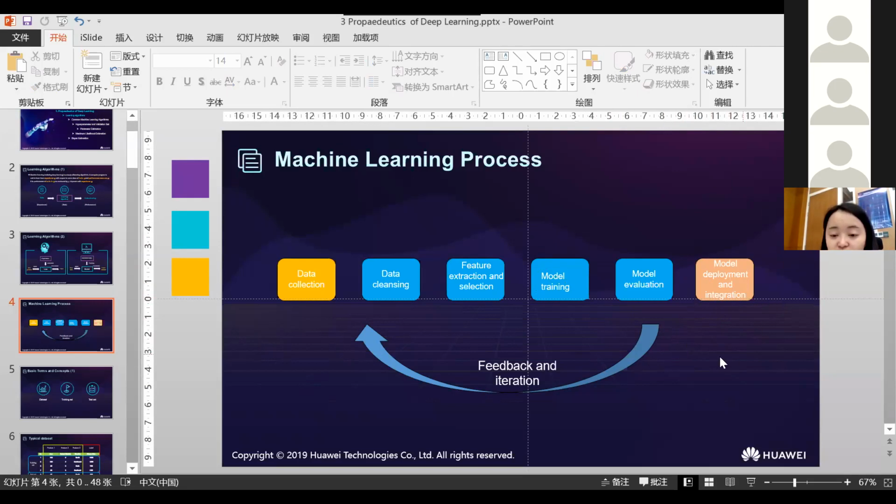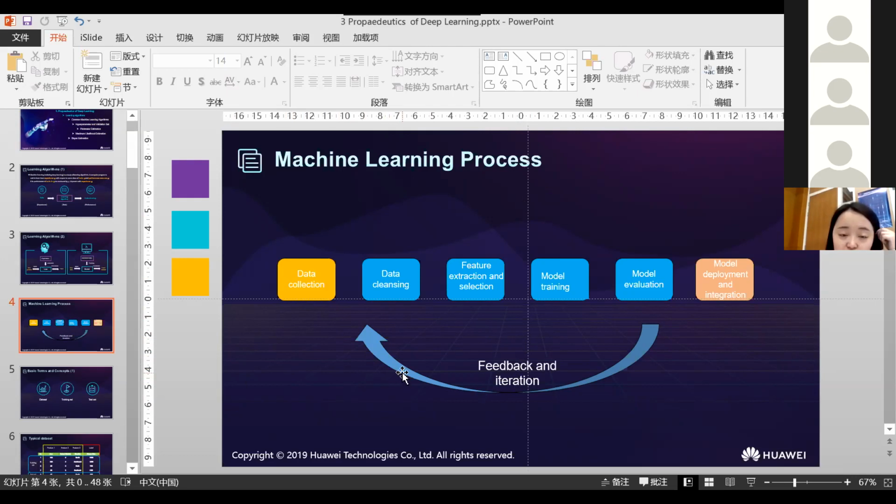Maybe there are some problems or some feedback during the model deployment, it becomes a product, and we will receive some feedback and collect some more samples. These samples can be added to the training data set to train the model again and to make the model more intelligent.